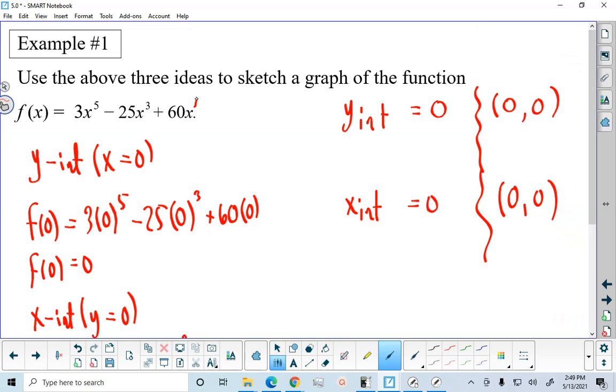When you take a look at this function, 3x to the 5 minus 25x cubed plus 60x to the 1, that's an odd function. If you put -x in, what you're going to get is -3x to the 5 plus 25x cubed minus 60x.